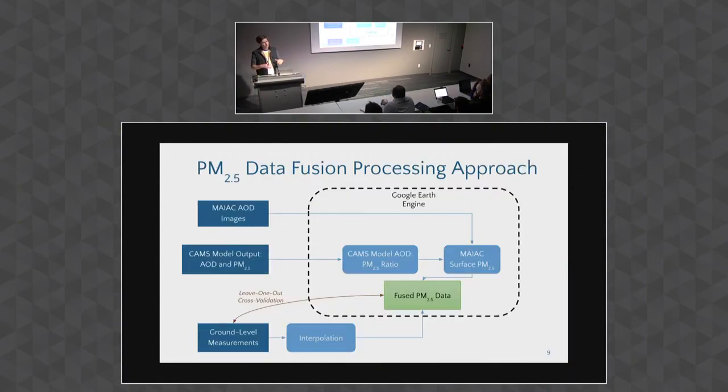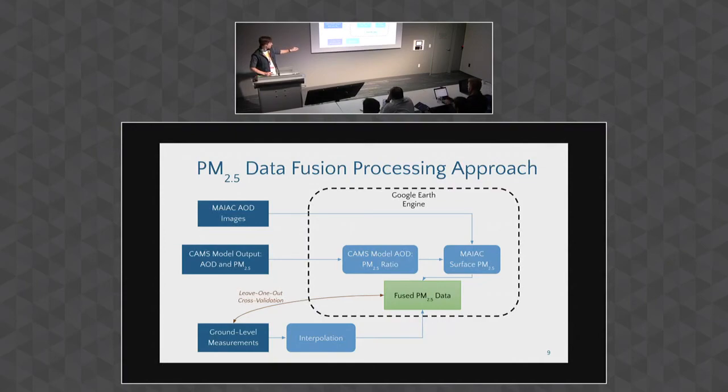And we incorporated those data sets to produce this fused product using the processing shown here. So we take the satellite images, which give you aerosol optical depth. It's a measurement of total column aerosols all the way from the surface up to the top of the atmosphere. We use that data then, in combination with model output from CAMS, to estimate the surface level PM 2.5 at high spatial resolution using the MAIAC data.